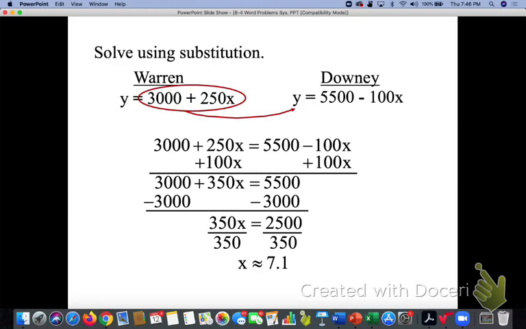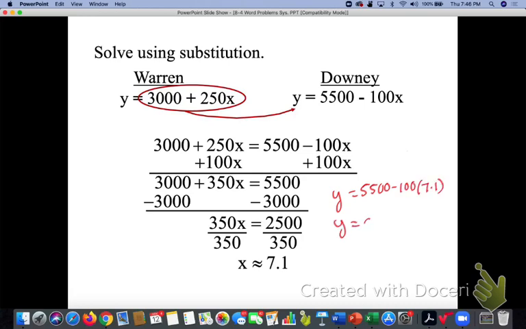I can figure out the y. They're not asking us for it, but y equals 5,500. I'm going to need a little more room, so let's go right over here. Y equals 5,500 minus 100 times 7 1/10.